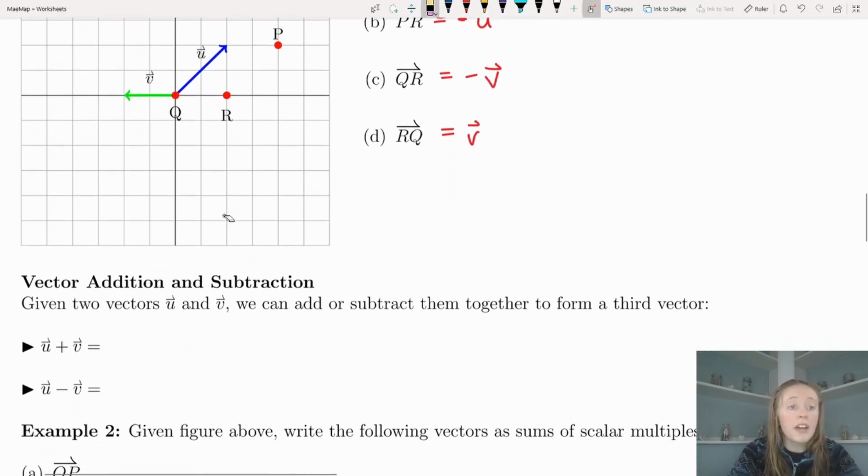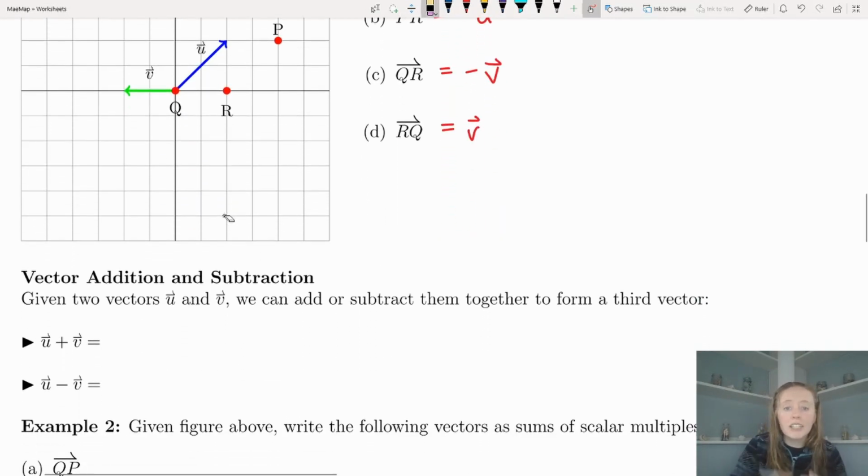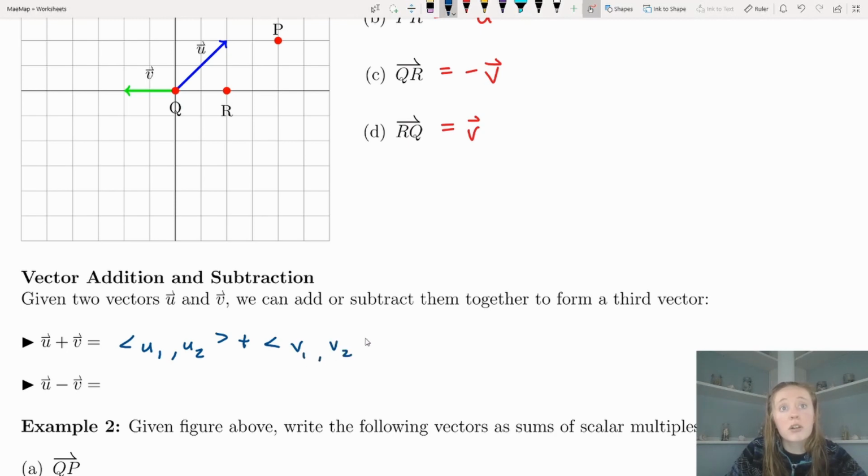Now, another way we can handle vectors is by adding or subtracting them, just like we can real numbers. Except remember, vectors are broken up into their different components. So in order to add vectors together, we add their components together. If I have vector u, which is u1, u2, and I'm adding that to vector v, which I'll write as v1, v2, then I'm adding those similar components together, and that gives me a third vector.